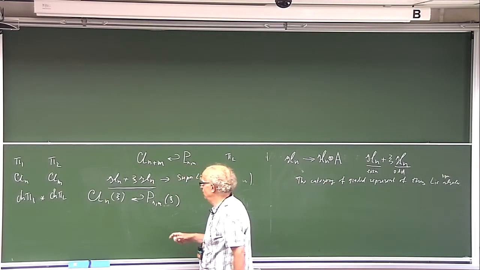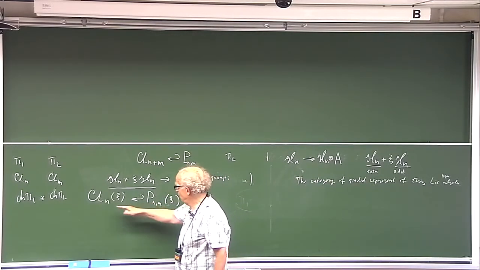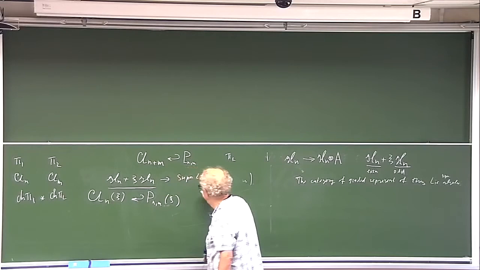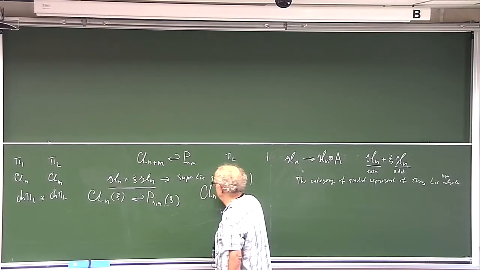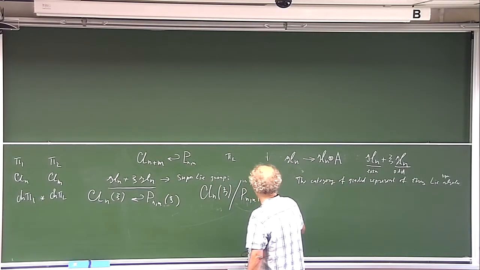For example, we can take a quotient, Jn psi over p and m over psi.